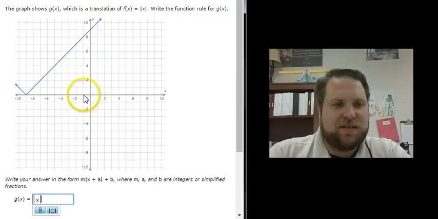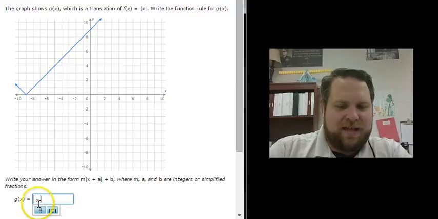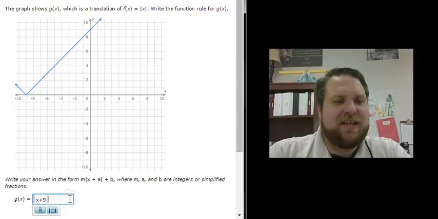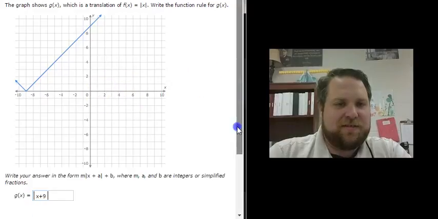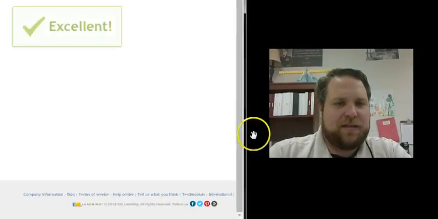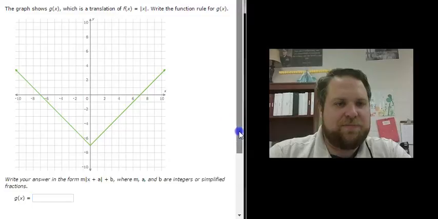To shift into the negative part of the number line, I'm going to add 9. And I'm going to add that 9 on the inside of the absolute value function, and that's going to scoot it over by 9 to the left. And as you can see, that is a correct answer.